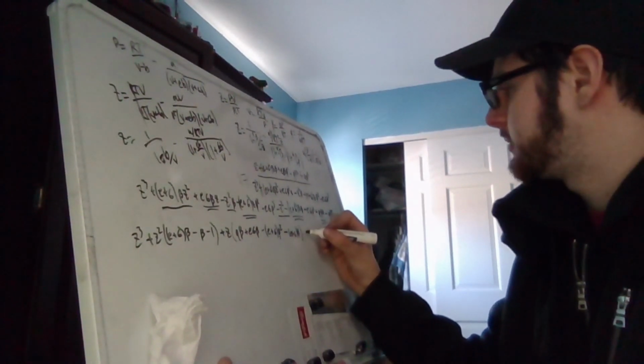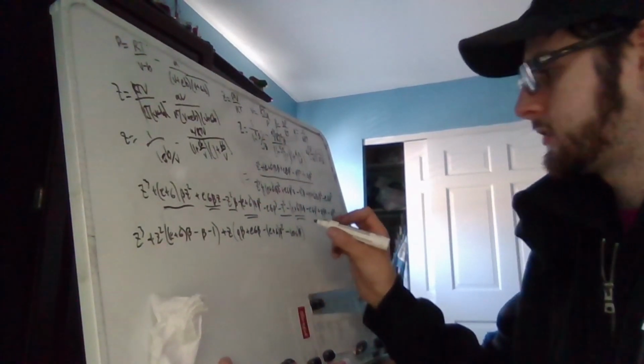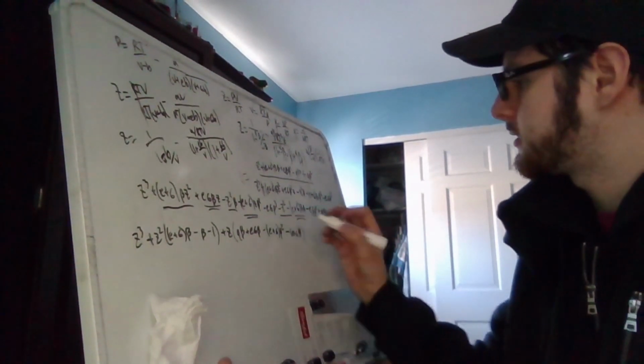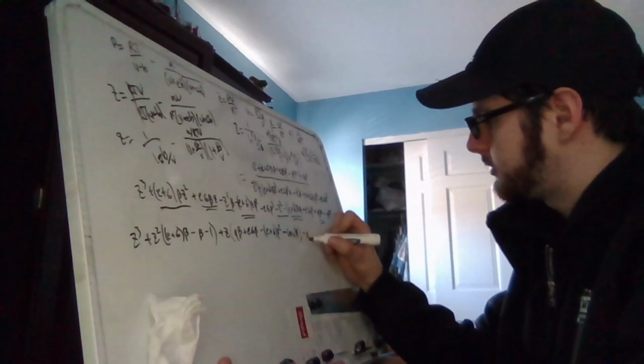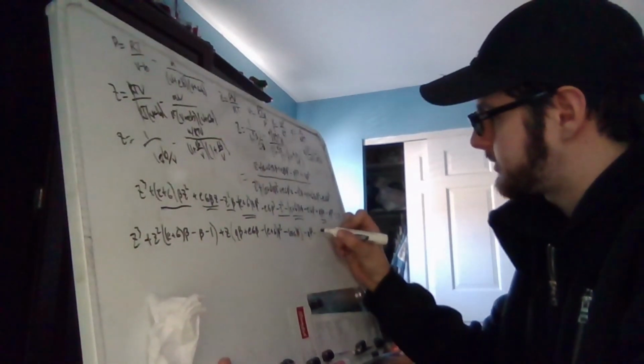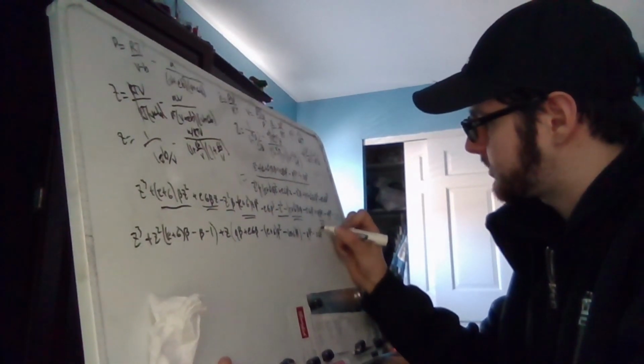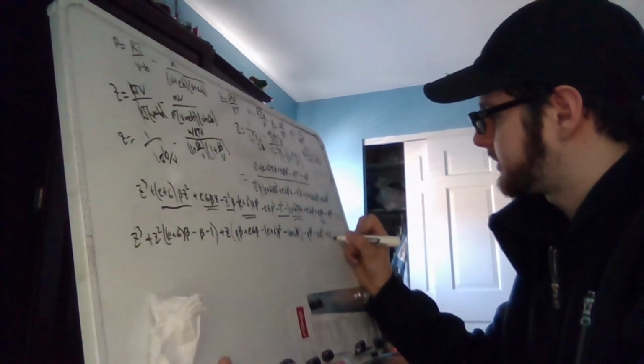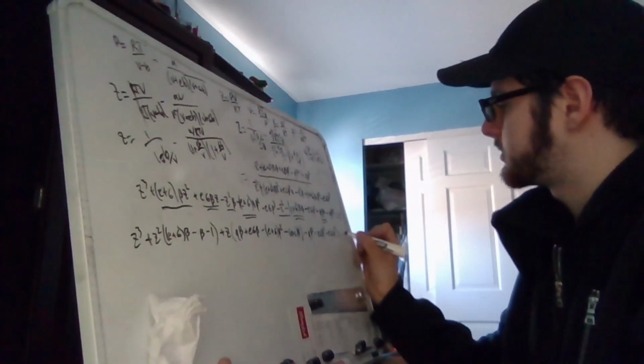And then there's all the regular terms, which there's only 3. So there's minus q beta squared minus epsilon sigma beta squared minus epsilon sigma beta cubed equals 0.